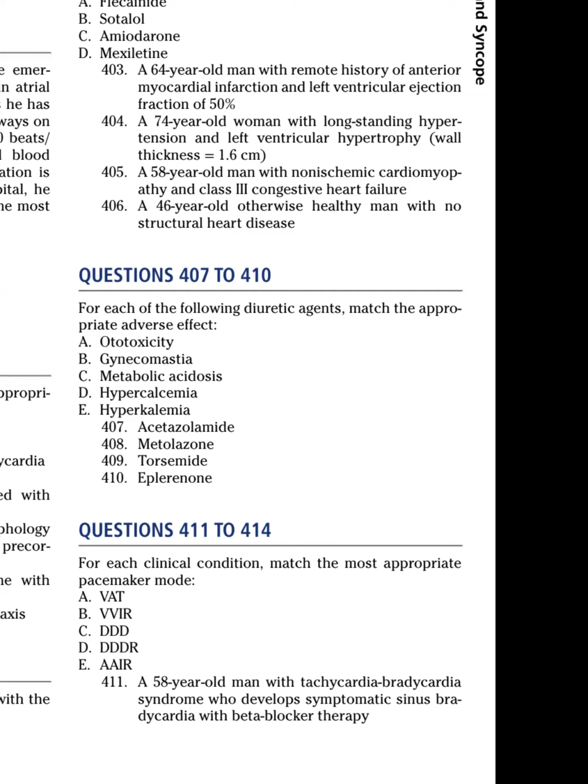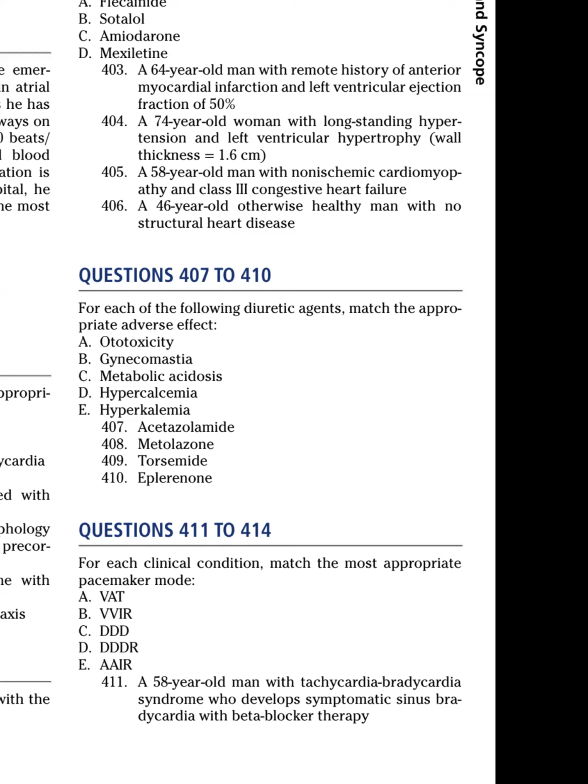And because he has a sinus node dysfunction, that is already a clear indication for a pacemaker. But the other aspect to this patient is that he's on a beta blocker, and because he's on a beta blocker, he's also at risk of having an atrioventricular block due to the beta blocker.